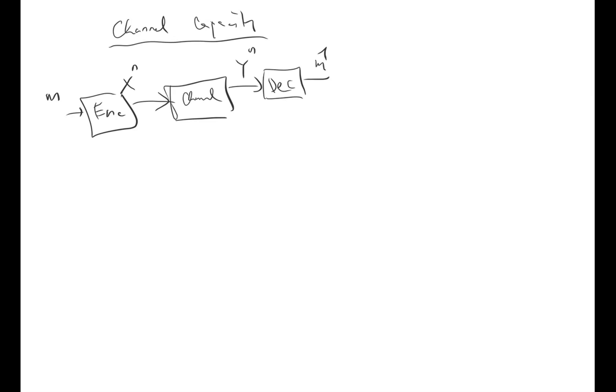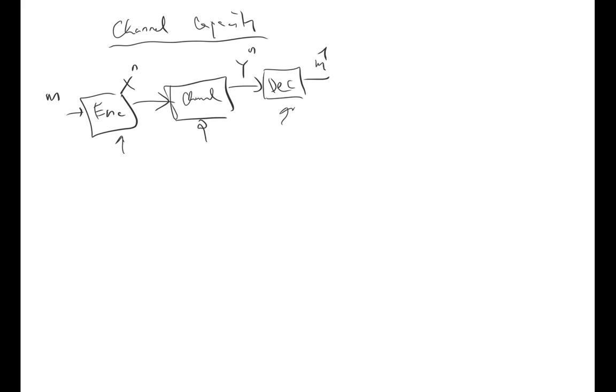In information theory, we don't care about how you achieve this encoding and decoding in practice. What we're interested in is, if you have some characteristic of this channel, how much information can we actually pass through it.